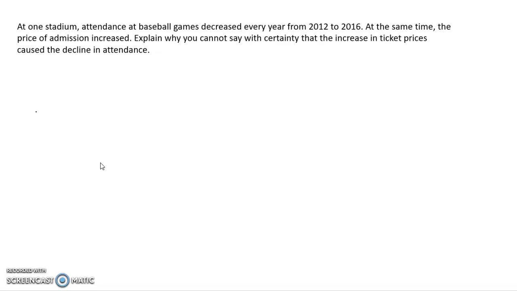At one stadium, attendance at a baseball game decreased every year from 2012 to 2016. At the same time, the price of admission increased. Explain why you cannot say with certainty that the increase in ticket prices caused a decline in attendance. Well, we don't know that ticket prices is the only cause here, right? So we don't know why people stopped attending. There could be a lot of reasons. People could be streaming the game at home, right?